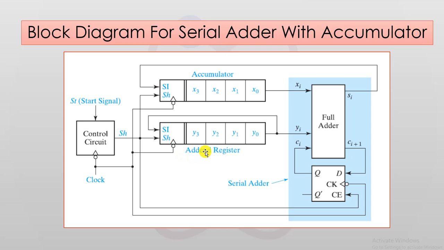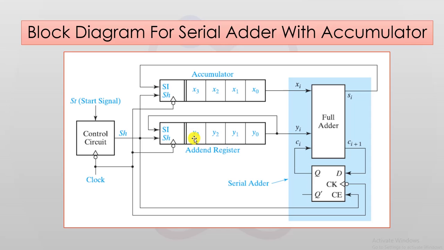The additional connections that are required for initial loading the X and Y registers and for clearing the carry flip-flop are not shown in this particular block diagram. If we have to demonstrate the operation of this serial adder with accumulator, we can say that at each clock time, one pair of the bits are added.